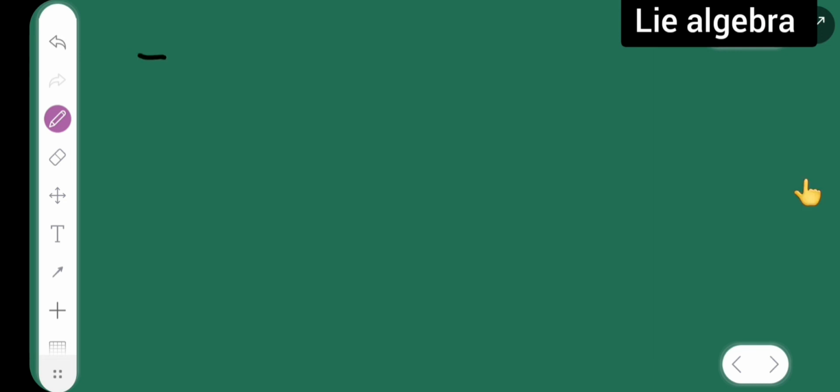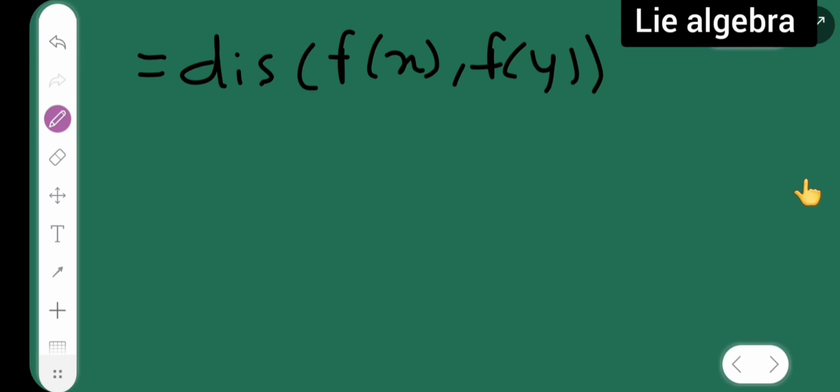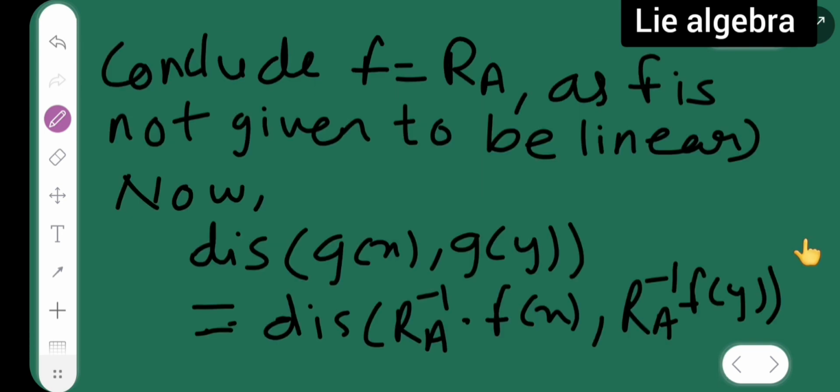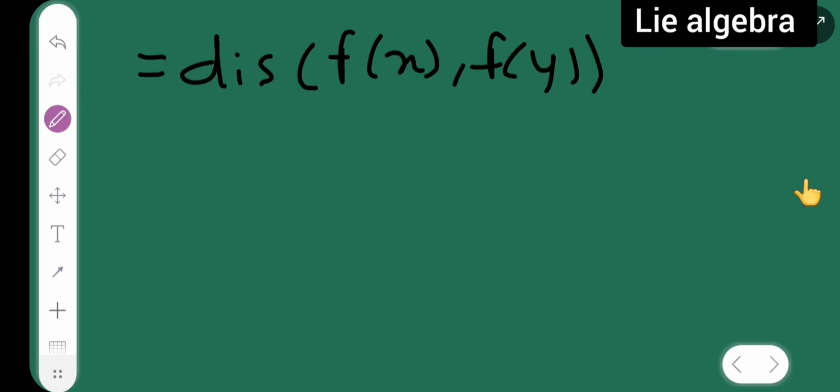Now this is equal to the distance of f of x comma f of y, and this is equal to the distance of x comma y.